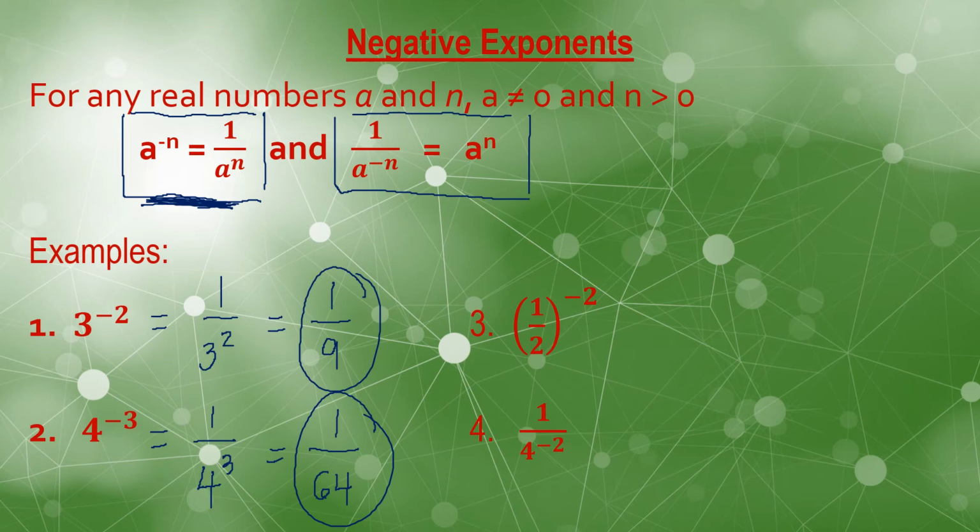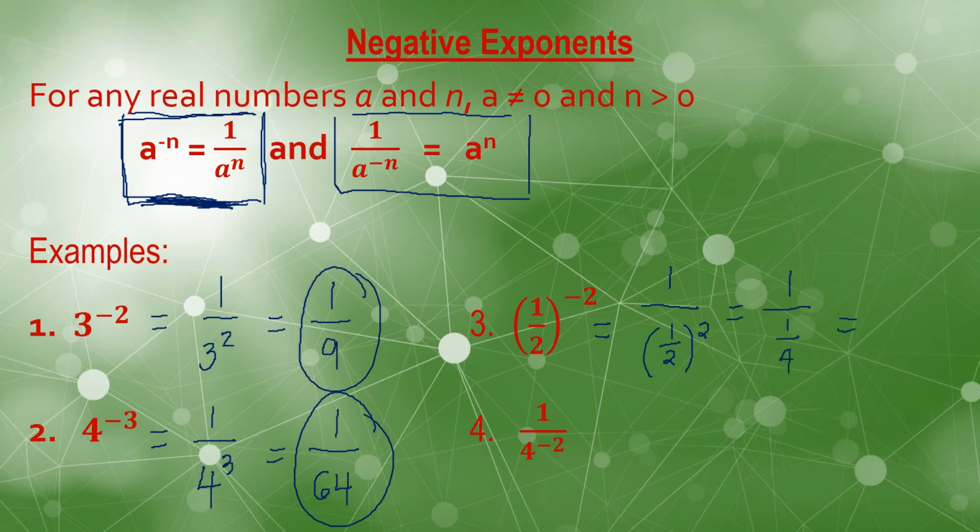Quantity 1/2 raised to negative 2. So again, applying this principle, a raised to negative n is equal to 1 over a raised to n. So this expression now becomes 1 over quantity 1/2 raised to the 2nd power. Let us simplify. What is 1/2 squared? That is equal to 1/4.